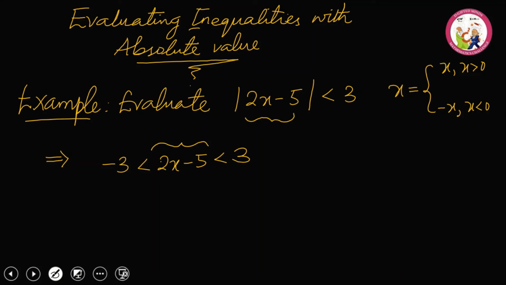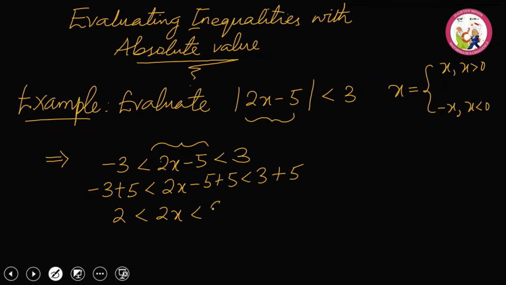The first thing I can do is to add 5 all through, adding 5 to each term. We have minus 3 plus 5 less than 2x minus 5 plus 5, strictly less than 3 plus 5. This is 2 less than 2x, strictly less than 8. The next step is to divide through by 2.